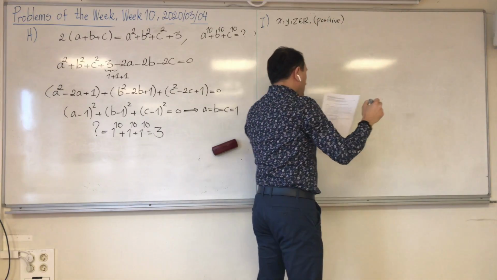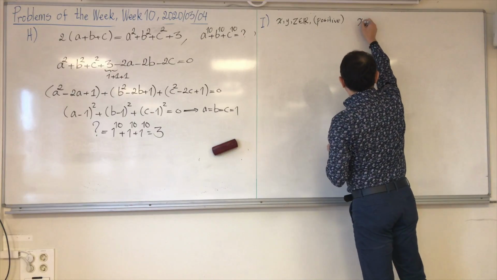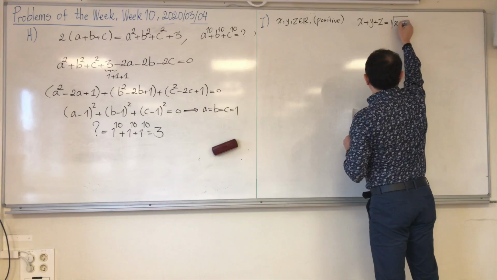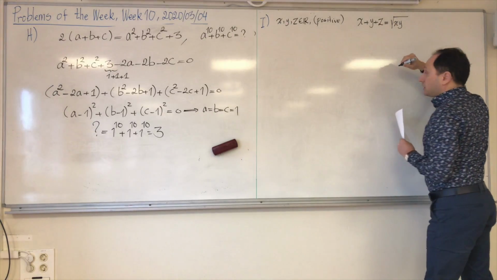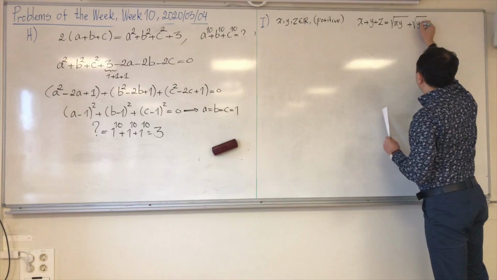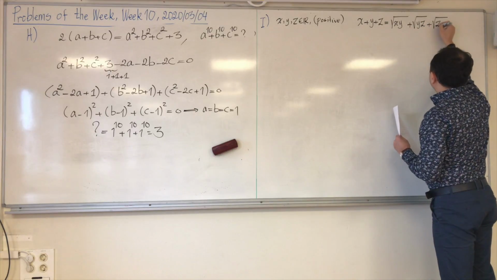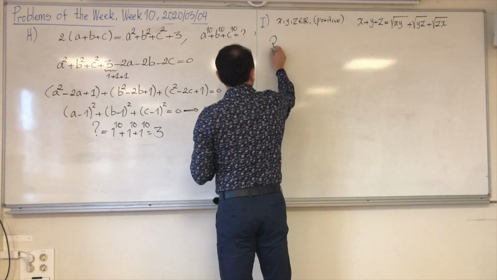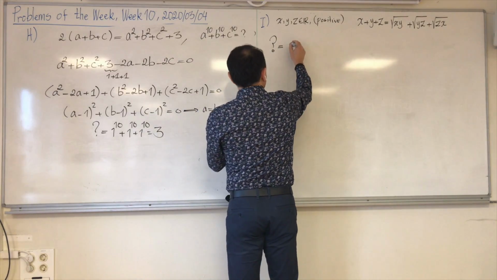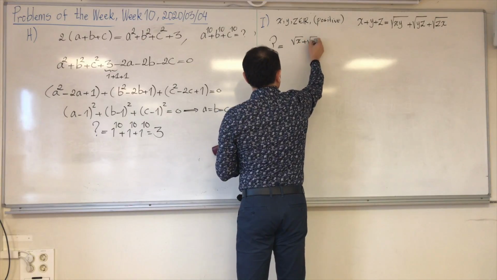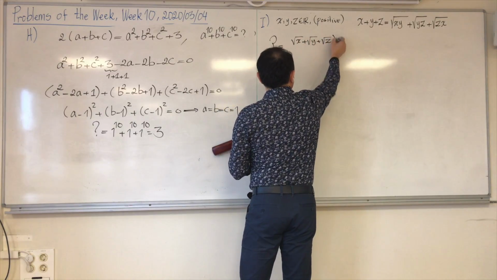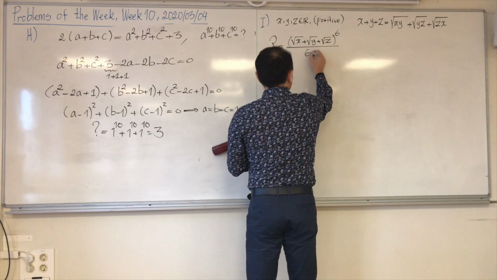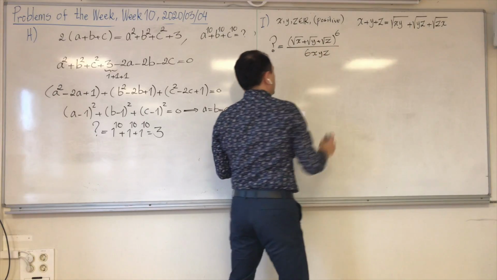And I know that the sum of these three numbers is equal to the square root of x times y plus square root of y times z plus square root of z times x. This is given, and the question mark is square root of x plus square root of y plus square root of z to the 6 divided by 6 times x times y times z.